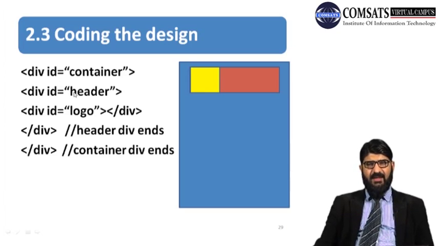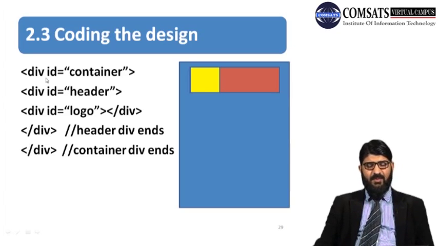Then the div ID, that is a header section, and then the div ID logo is mentioned. So the brown color is basically the header section, and the yellow color is basically the logo section, and the div is then closed. So the header divs end and container divs end over here as well.